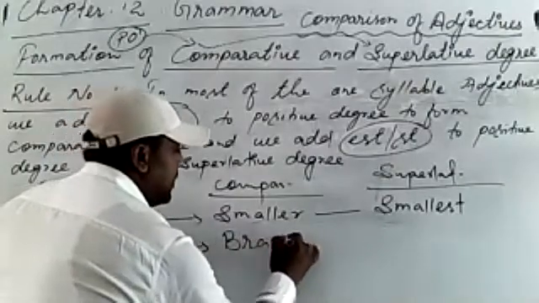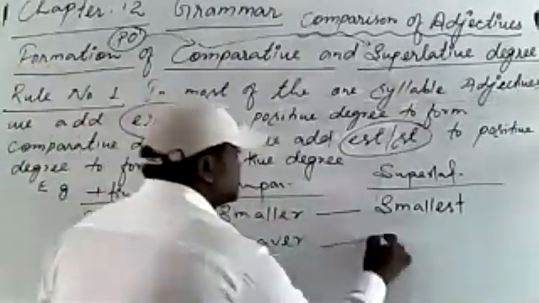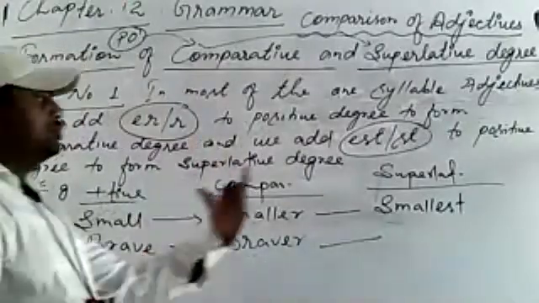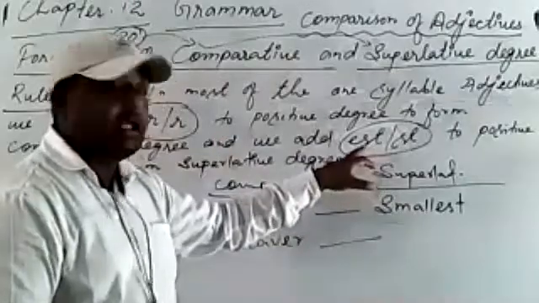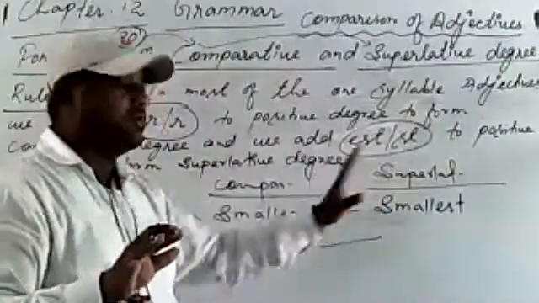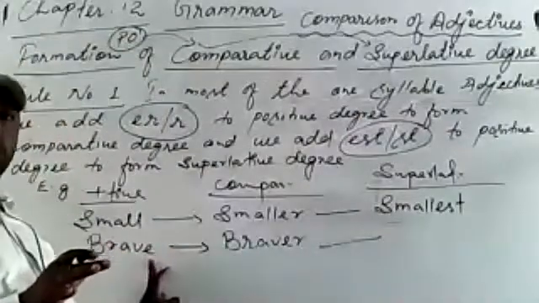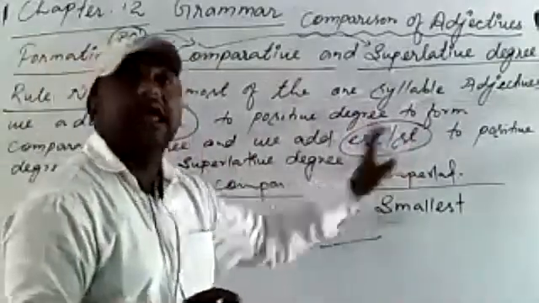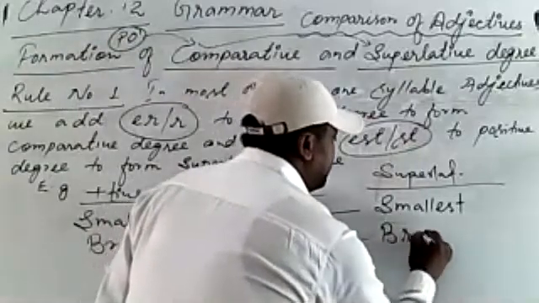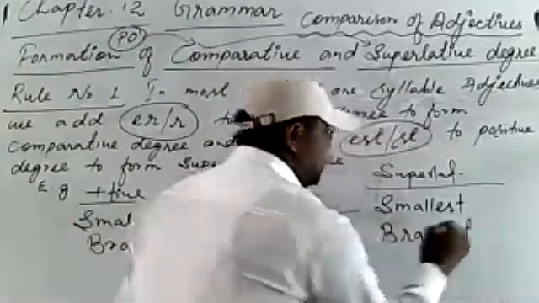Brave, braver. Now next, to change this positive degree to superlative degree, am I going to use est? No, I'm not going to use est because e is already present in this word. So I am going to use here only st. So I can write here brave, braver, bravest.